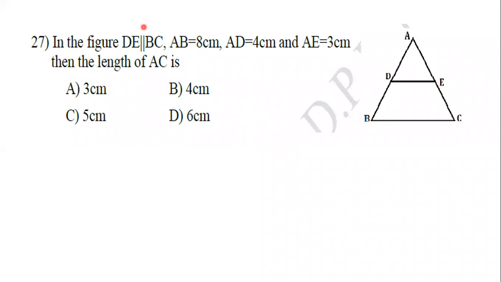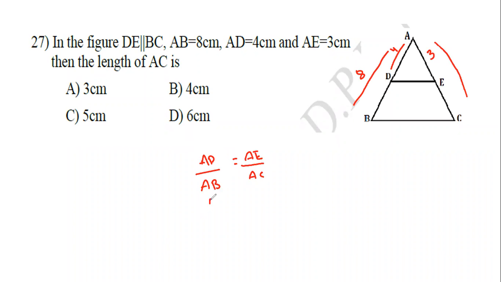Next sum, 27th question. In this question, AB is equal to 8 centimeter. The given AB length is 8 centimeter. AD length is 4 centimeter. AE length is 3 centimeter. AC length is question mark. Apply corollary of BPT here. AD divided by AB is equal to AE divided by AC.